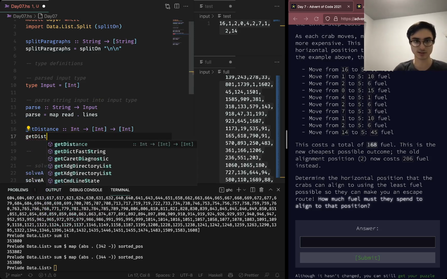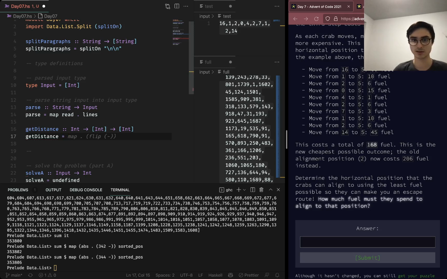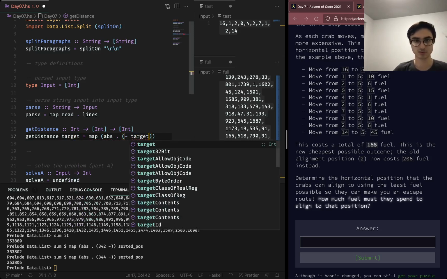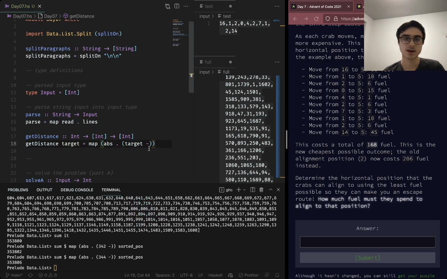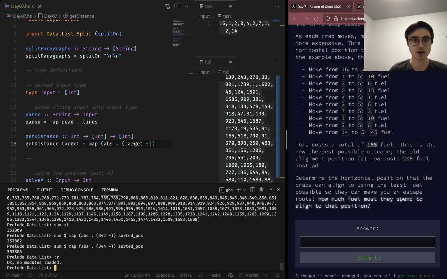And so get distance is going to be map distance target. Target minus. Okay, that unary minus always gets me all messed up.